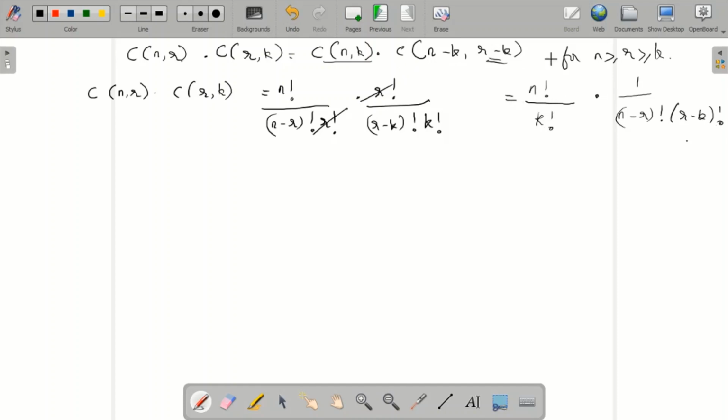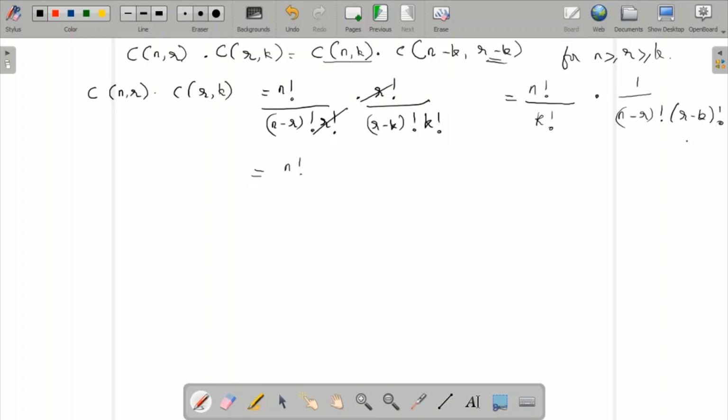The n minus k whole factorial is missing in the numerator. So what I'll do is I'll multiply and divide it by n minus k whole factorial.